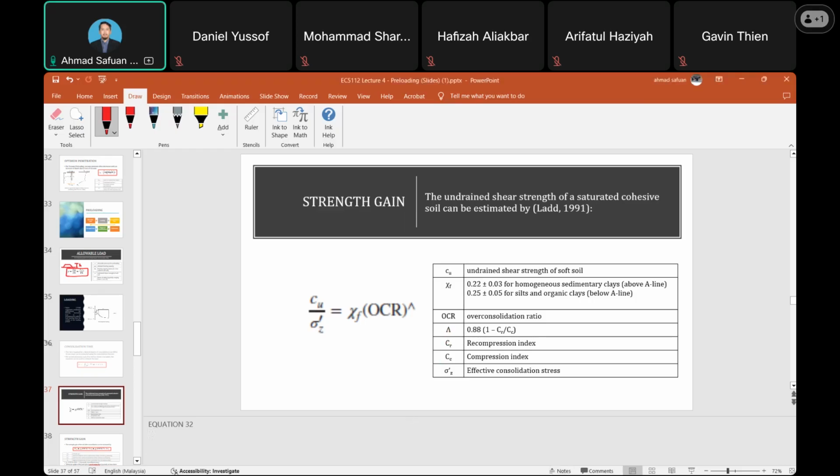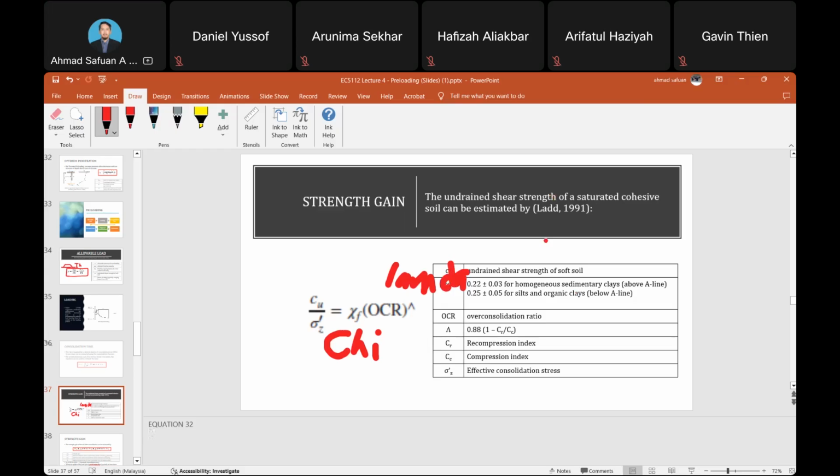What is the X? X is chi. So this is chi, but this is lambda. Chi and lambda.